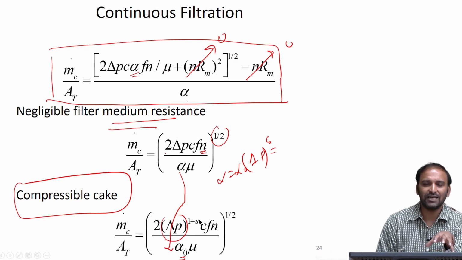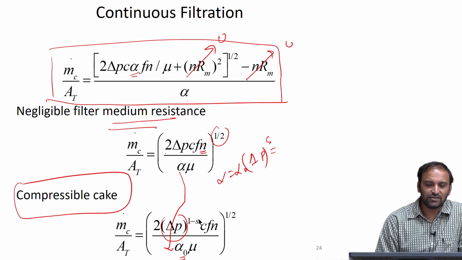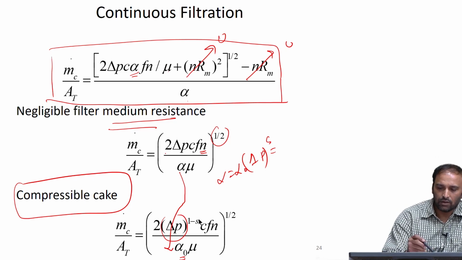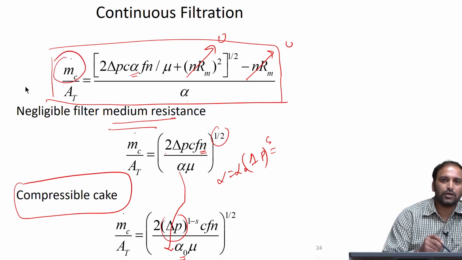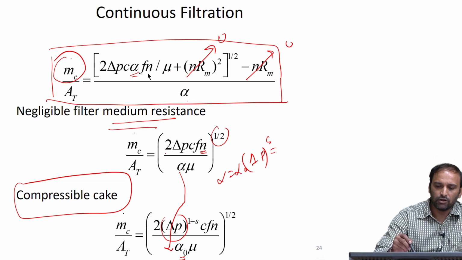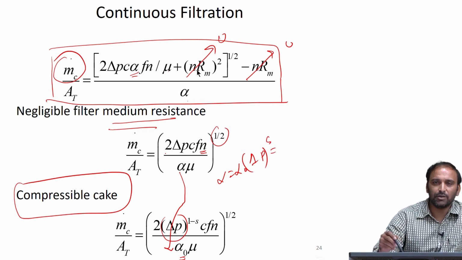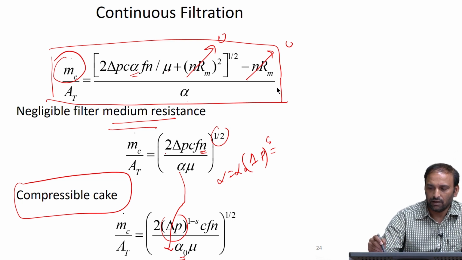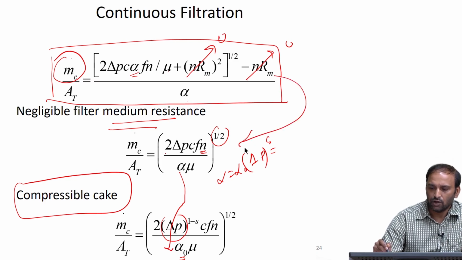So you basically have a framework by which I can find out the rate at which the solids are being deposited onto the filter cake, and for a case where both the cake resistance and the medium resistance are important, I can recast this expression to look at cases where the filter medium resistance becomes negligible.